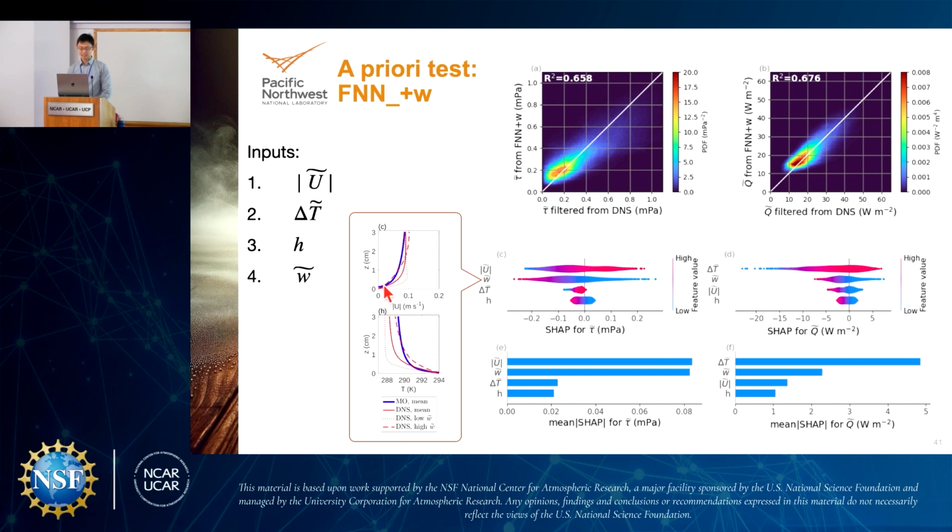So the dU/dz and the dT/dz above the surface are increased, and so the near-surface shear stress and heat flux are also increased. But vertical velocity is not included in MOST because MOST is applied to a horizontally homogeneous boundary layer. So this again shows that there is no universal turbulence model.